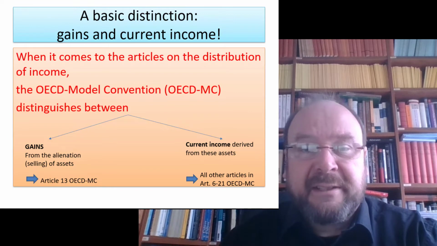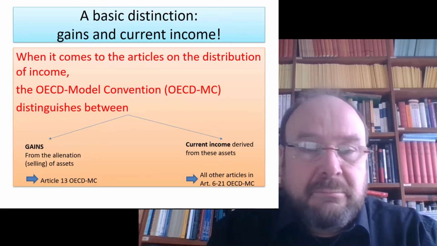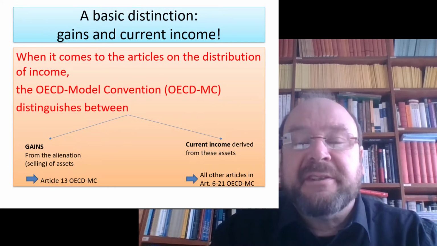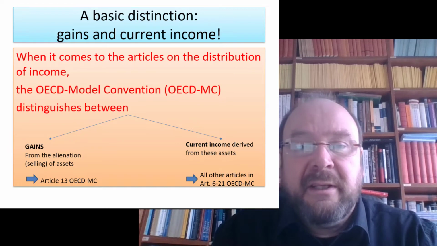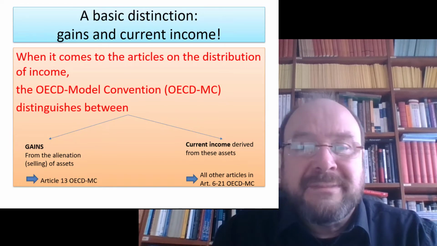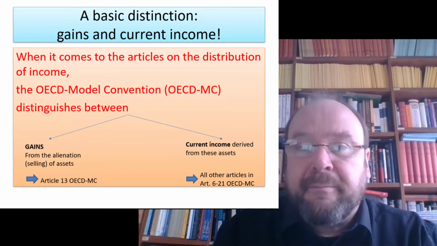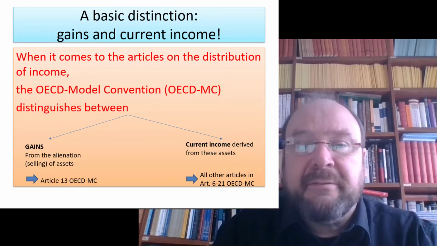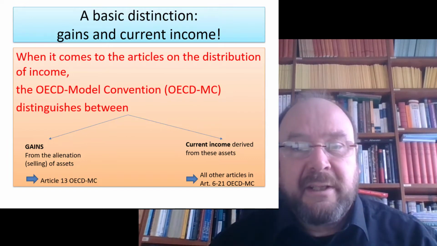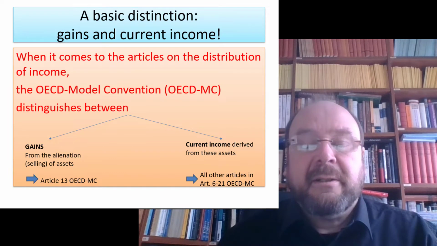The reason for that is that originally, 100 or 150 years ago, one saw a huge difference between the single event of selling something and the ever and ever repeating event of income coming from an activity or using a house and collecting rent.